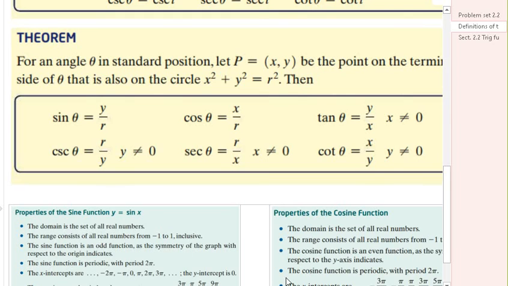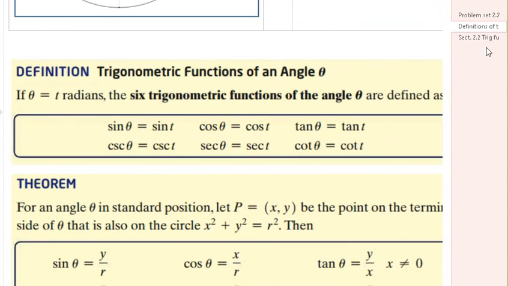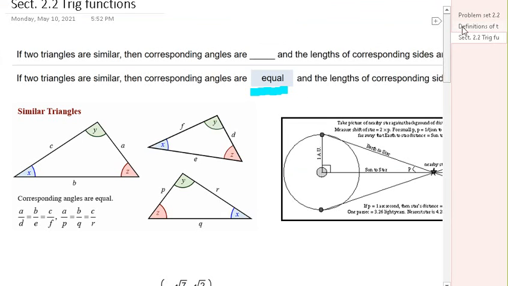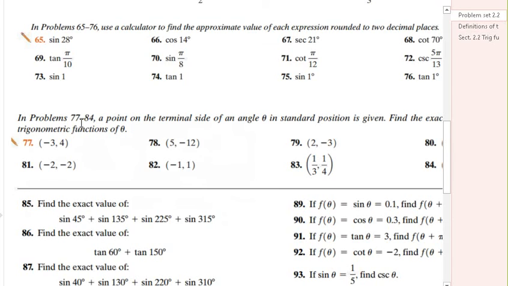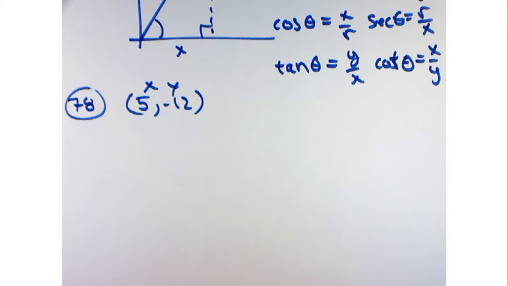And so my last example then is going to be, let's go to my problem set. Let's work with problem number 78. 5 and negative 12. So 5 and negative 12, that's our point. Let me draw that. Can anyone visualize what quadrant that's going to be in?